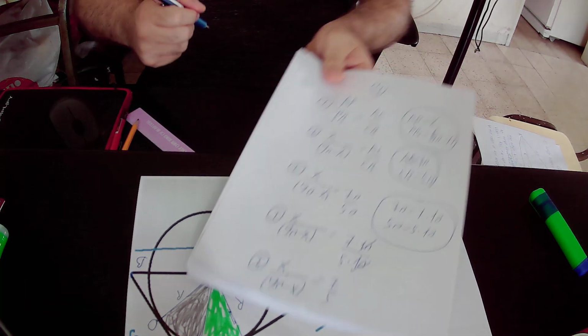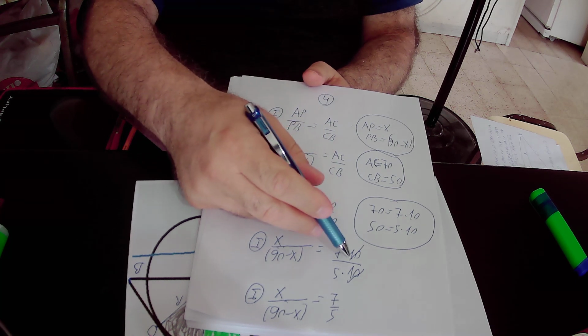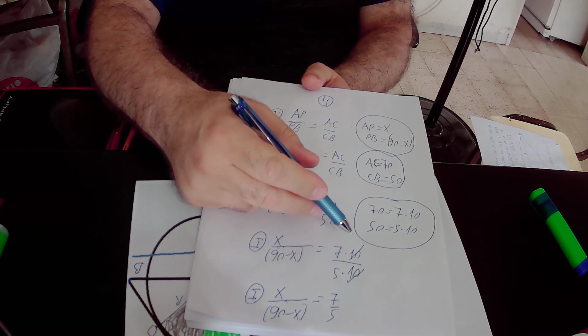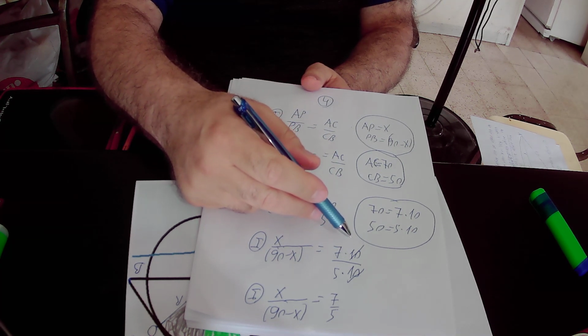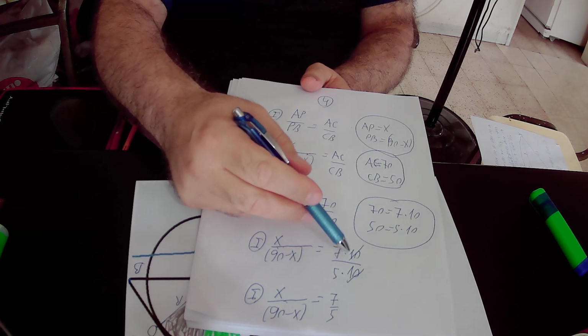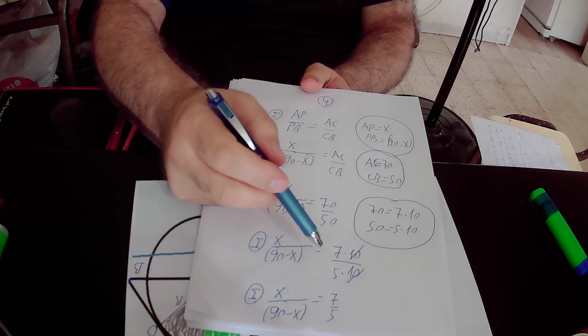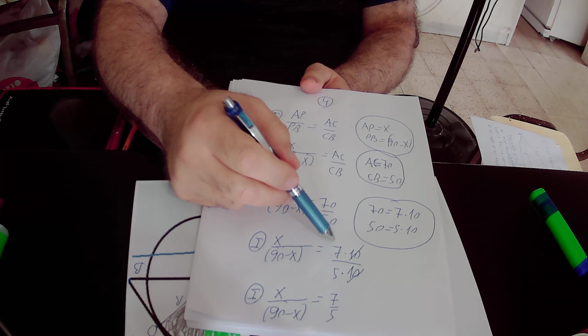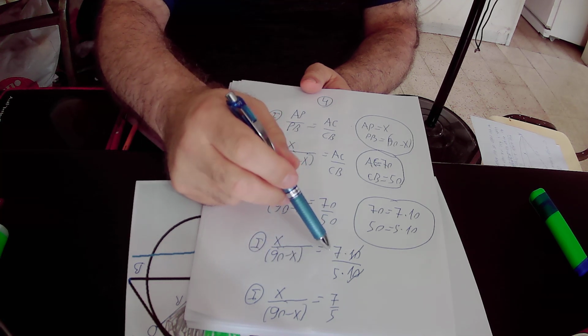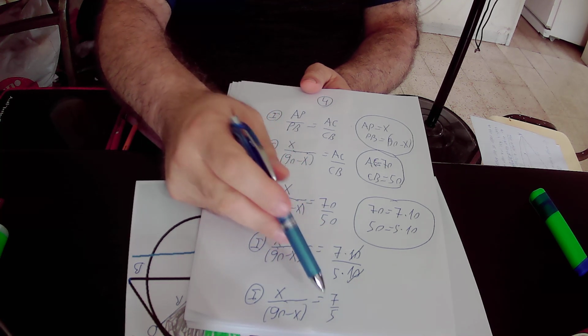Here I cancel 10 because we have 10 both in the numerator and in the denominator. So we got that x over 90 minus x equals 7 over 5.